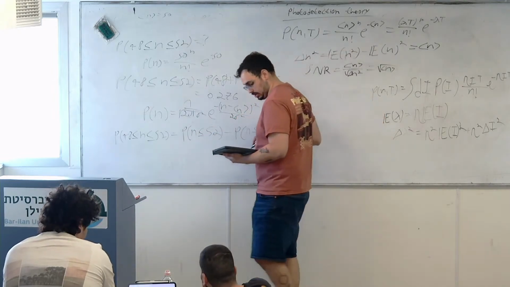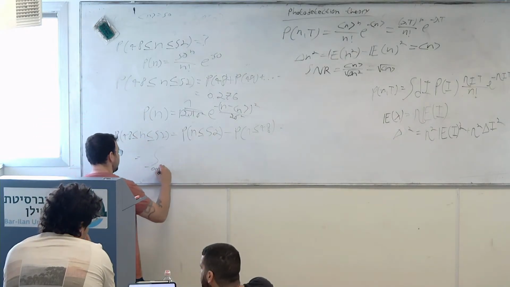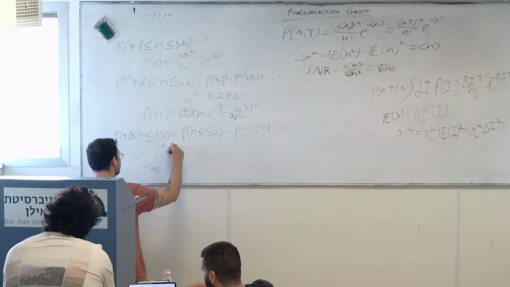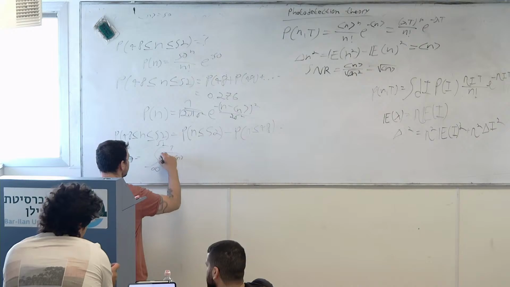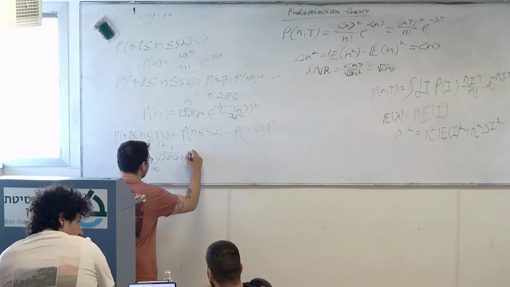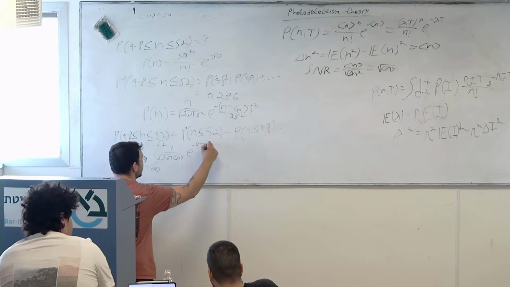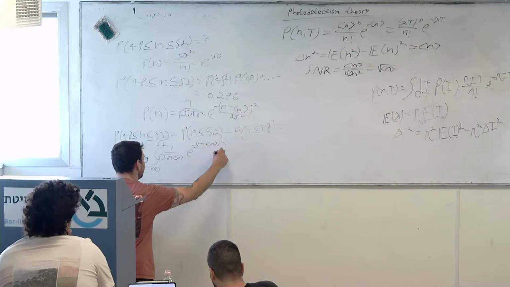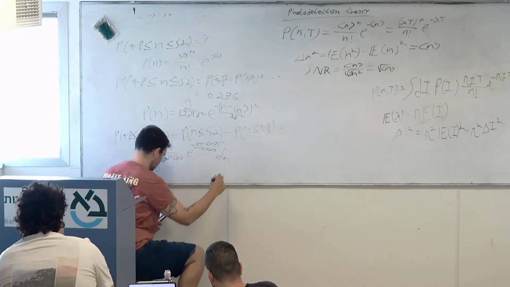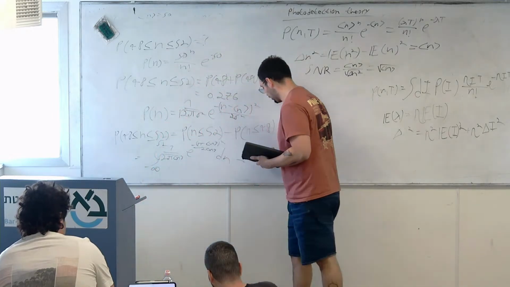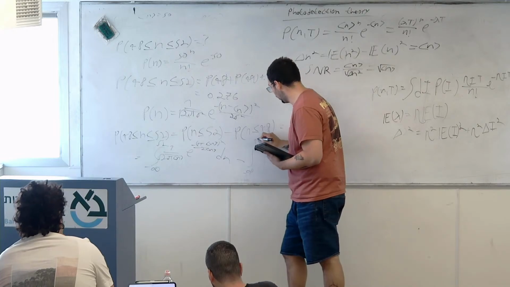It will just be integration from minus infinity to 52 of 1 over square root of 2 pi n, e to the minus n minus mean squared divided by 2n, minus integration from minus infinity to 48.